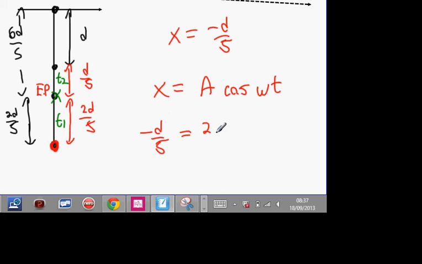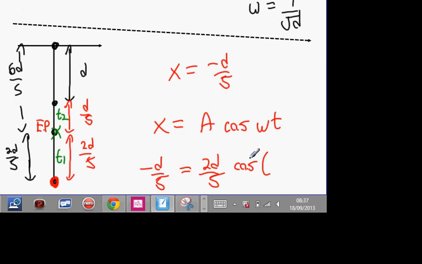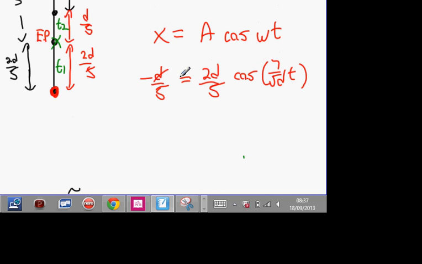A is 2d over 5. Cos is, that's cos omega. What's omega again? 7 over root d times t. And what you can figure out this time is that the d's will cancel. The 5's will cancel. Can somebody get me cos inverse minus a half?